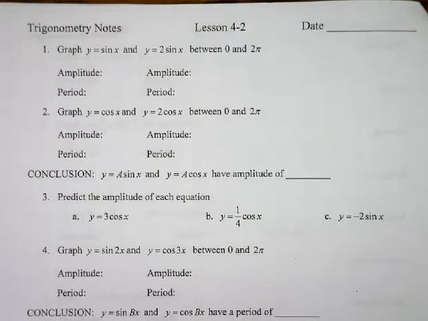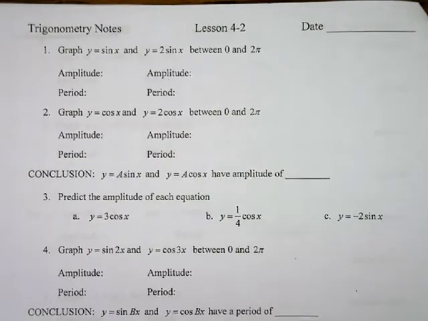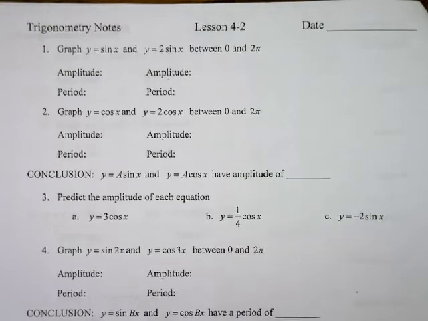Now when I'm graphing them, it says 0 to 2 pi. Let's just see what it looks like.